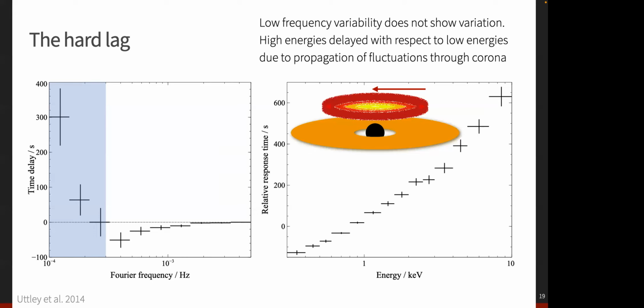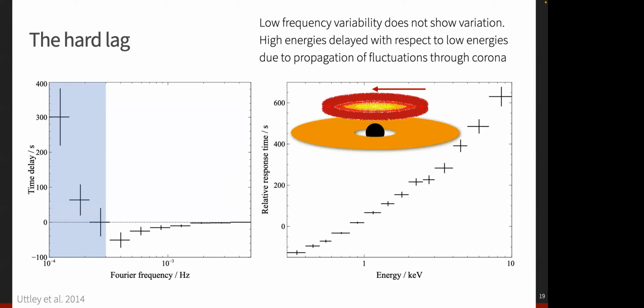But this is a slow process. Reverberation, this is signals traveling at the speed of light. This is X-rays going from the corona to the disk at the speed of light. So we see this in the high frequency Fourier components. This propagation process doesn't necessarily travel at the speed of light. If this is material moving through the accretion disk, or it's things accreting or traveling through the magnetic field, that will travel more slowly.